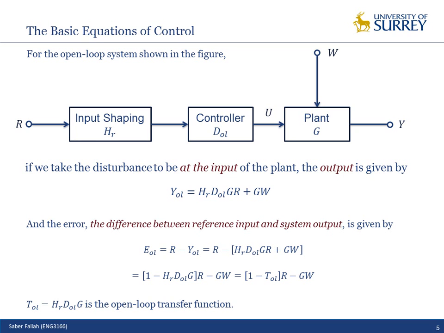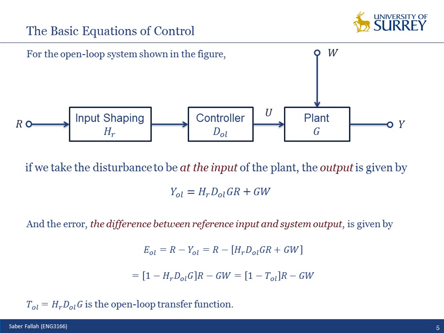So YOL is always greater than R. I mean, it's not. Less than R. No, it's not. Not always. If this is the standard definition, okay? If error is negative, it means that, in the case of a constant input, we have the response lower than the reference signal.